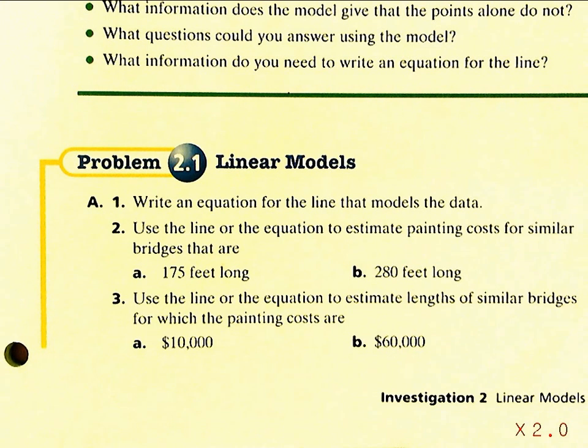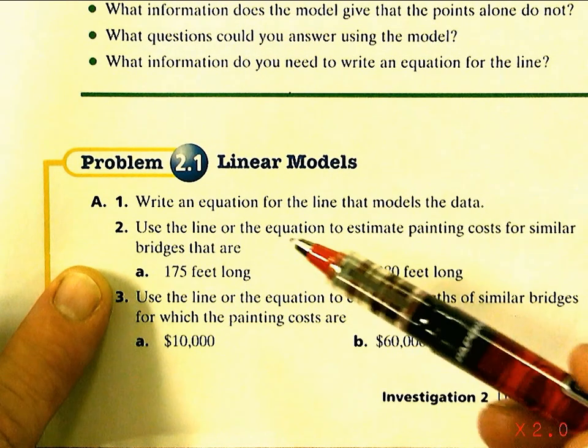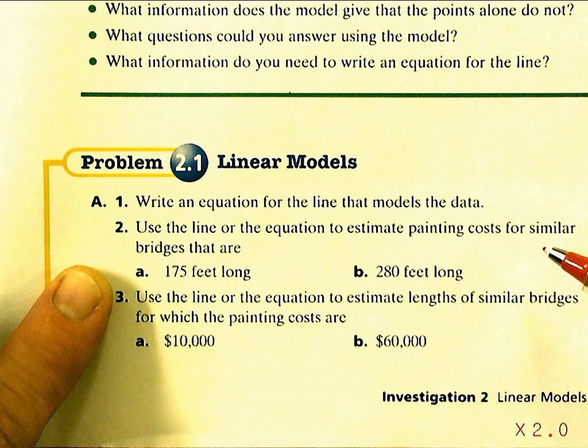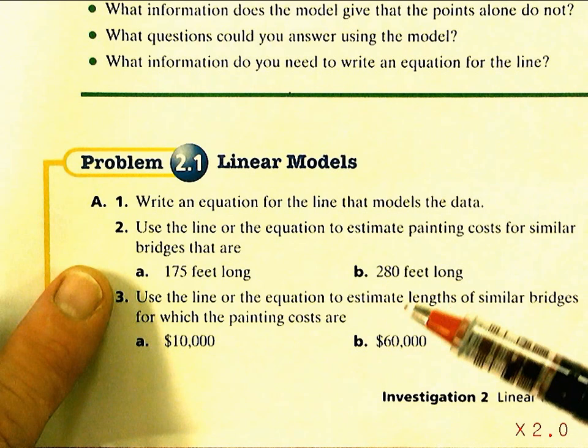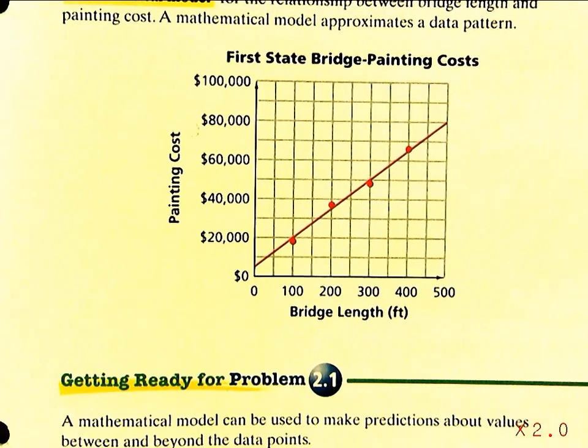And I'm going to continue on to question 2, A and B, because now all I want to do is use the line or the equation to estimate the painting cost for similar bridges of different lengths. I could go up to the graph and look at 175 feet and estimate.